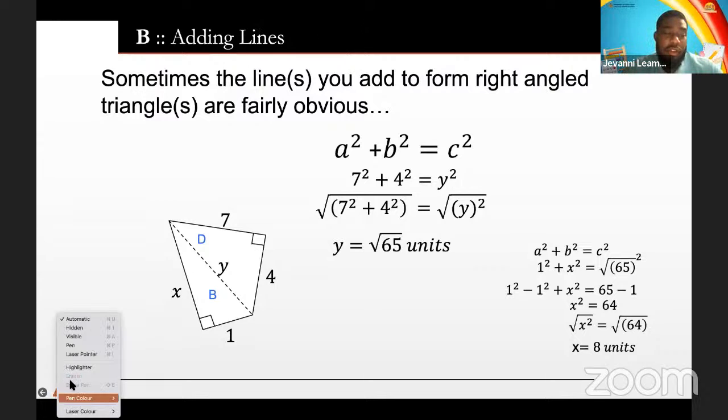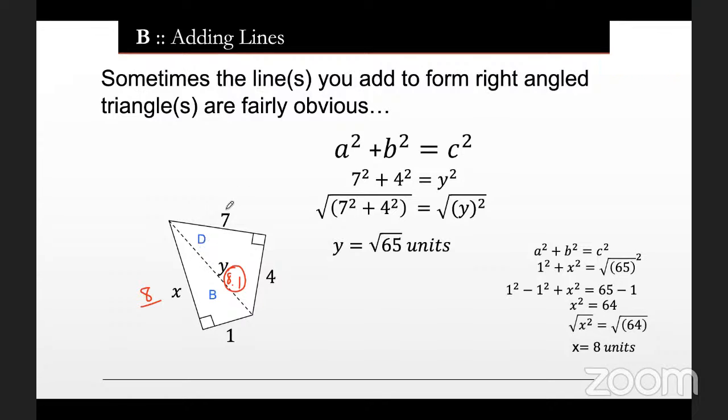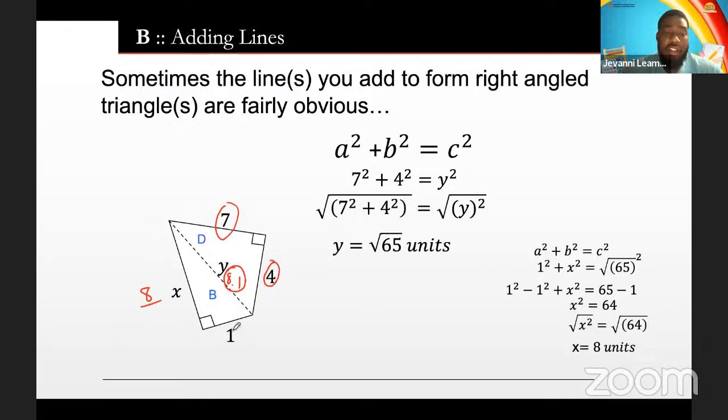And if anyone noticed, if this is 8, and we said the square root of 65 was about 8.1. Yes. So if you look at it, the hypotenuse is the longest side for either of the triangles, right? It's greater than 7 and it's greater than 4 in triangle D. And you look on the next side, triangle B, it's greater.